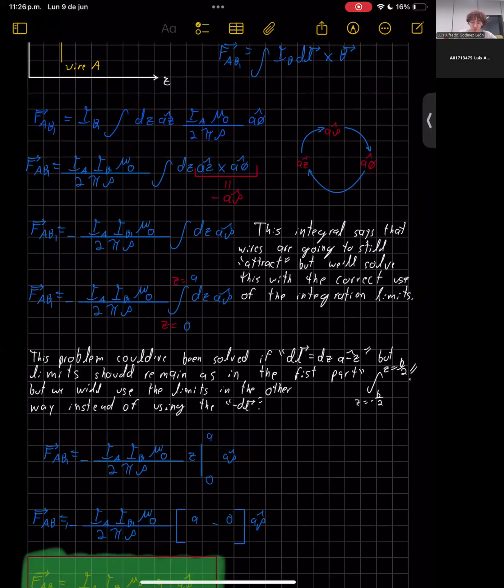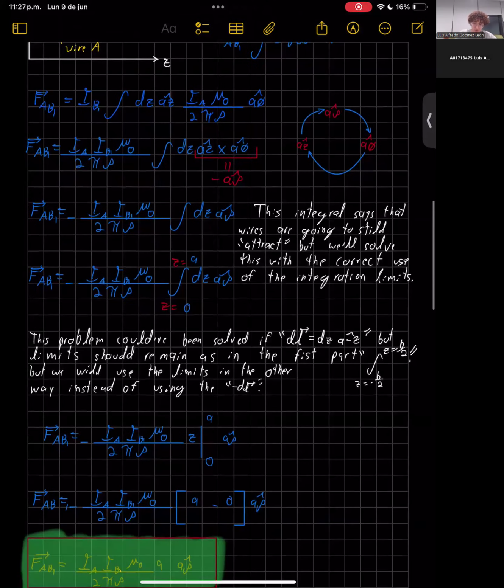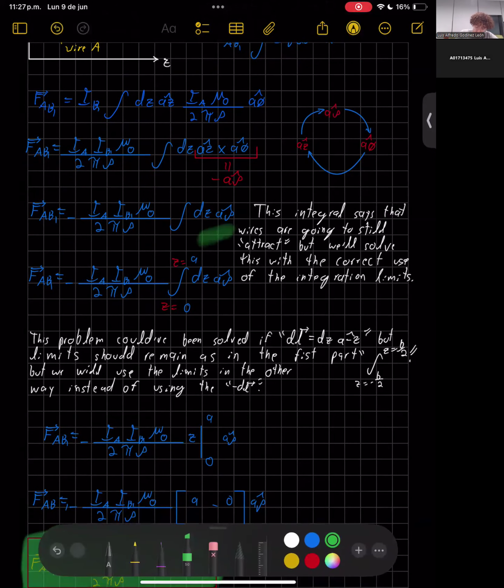So this integral says that the wires are going to still attract themselves, but we'll solve this with the correct use of the integration limits. This is integration until here. They will attract if the current were going in the same direction, but we have it in opposite directions.